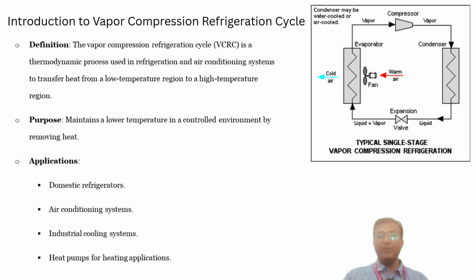Understanding VCRS, or the vapor compression refrigeration cycle, opens the door to optimizing the systems that keep us comfortable and preserve food. Now let's move to the components and see how these cycles come together.